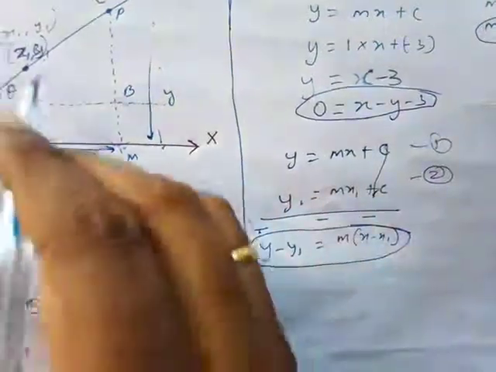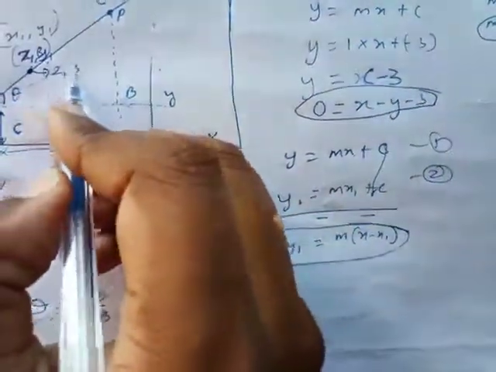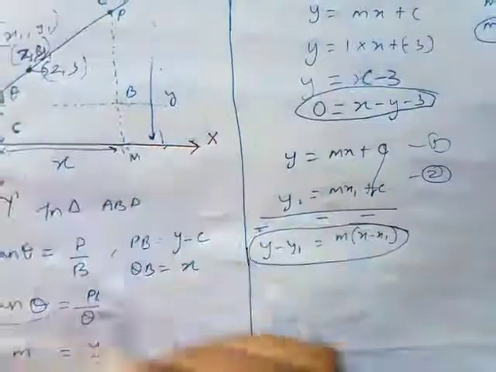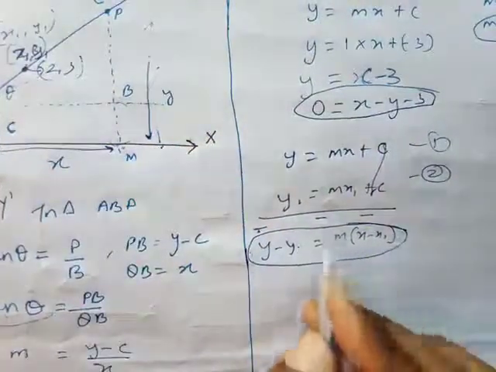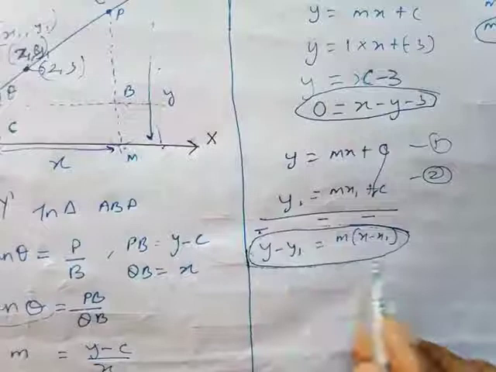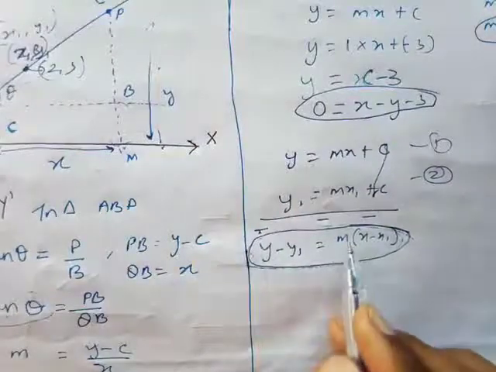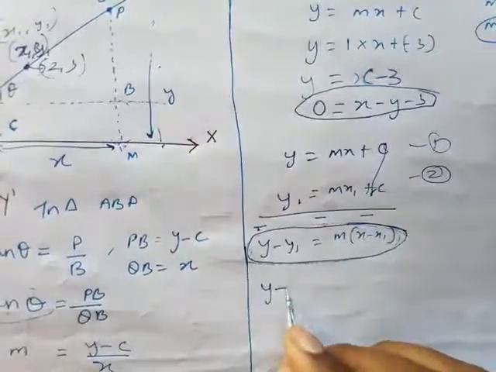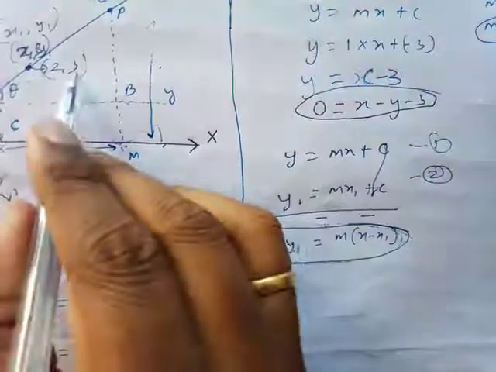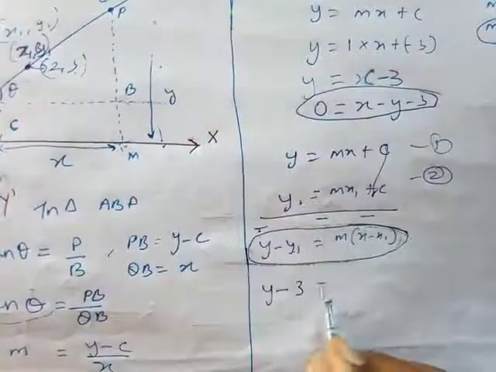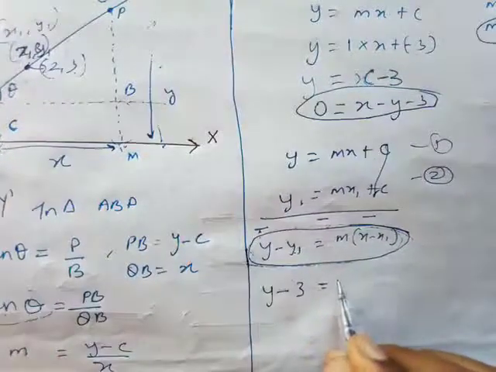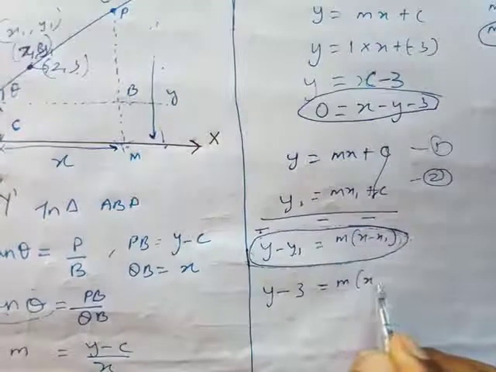Let's say the point is 2,3. So I know the slope intercept. When one single point is given, this is the formula that I am going to use. So y minus y1 is y minus 3 equals, they'll give me the slope also, m times (x minus 2).